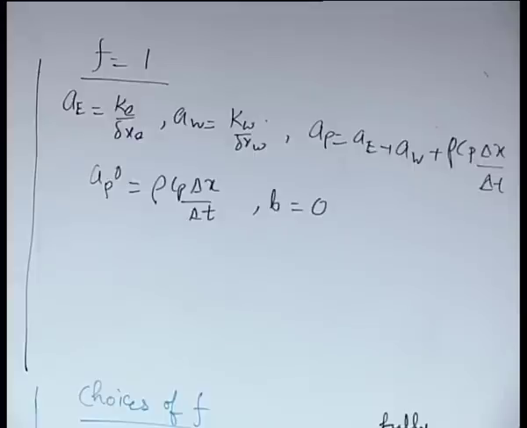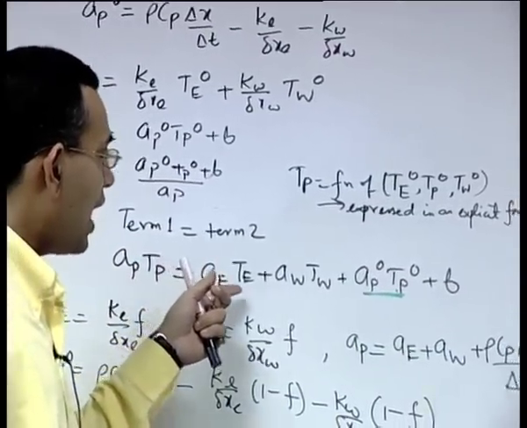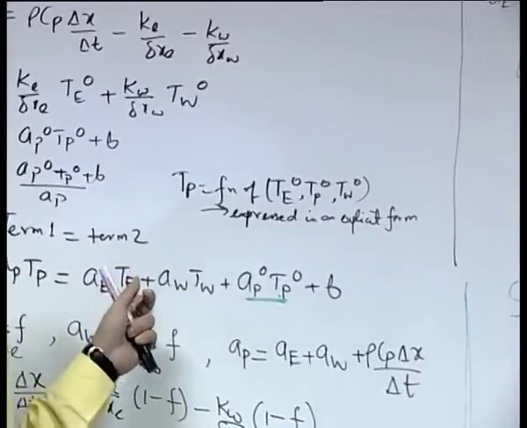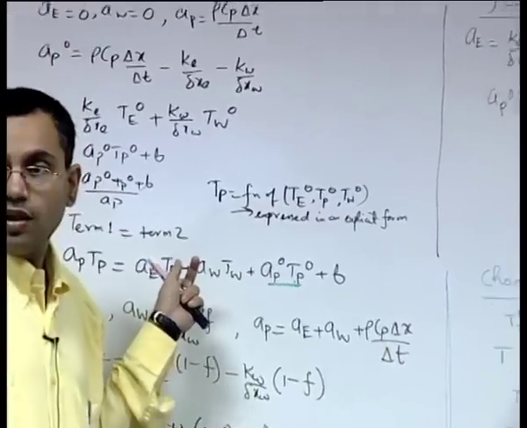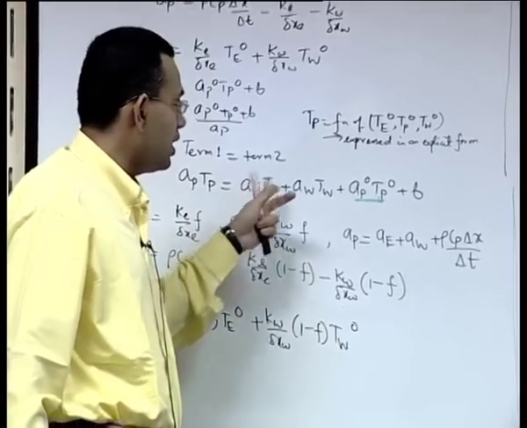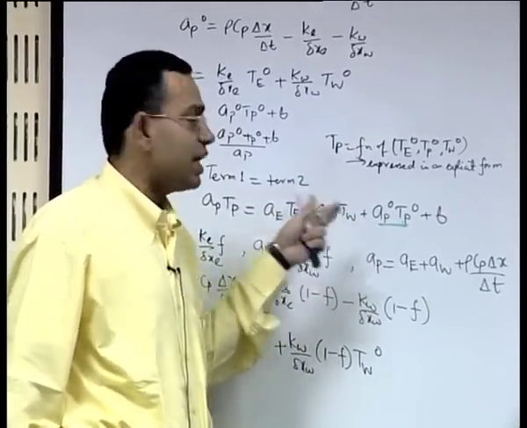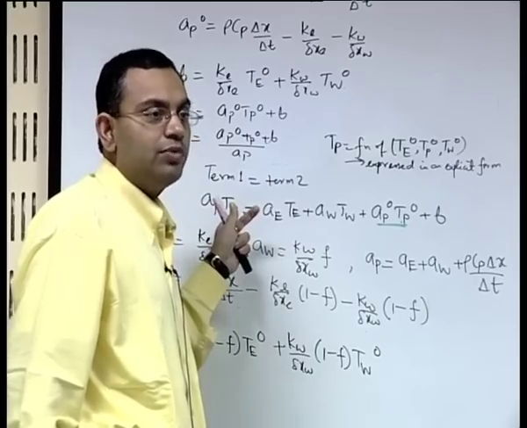So, here what you can see is that the temperature at a current time you can write as a function of temperature at the current time at the other neighboring points. So, TP now is a function of TE now, TW now and so on, so that you cannot explicitly obtain TP now from this equation.